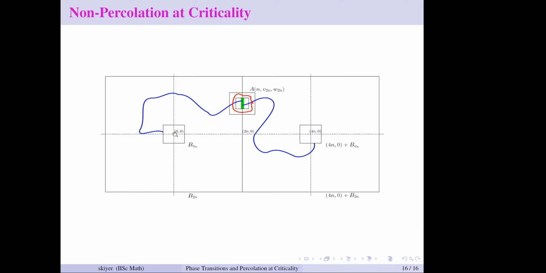And you say that there is an edge between the origin and (4n, 0) if there is a path going from this box B_n, which grows slower than n over 2, and it hits a similar box here. And there are circuits around these two boxes, and no edge of very long length intersects a box centered at (2n, 0) of side length 4n.